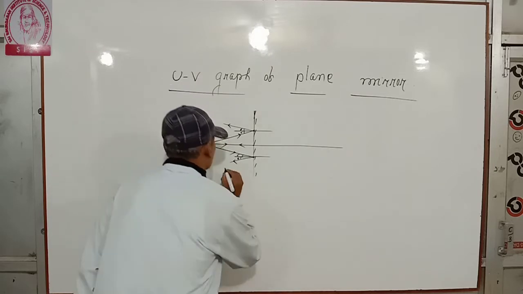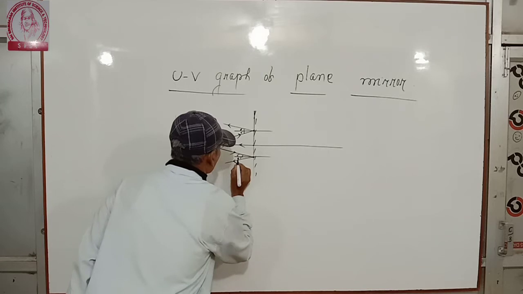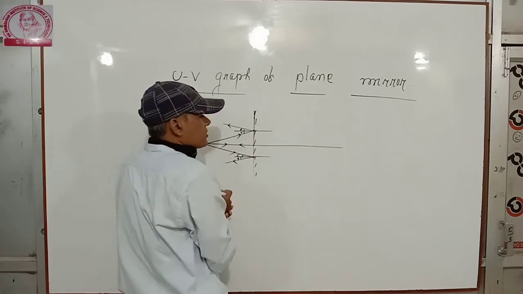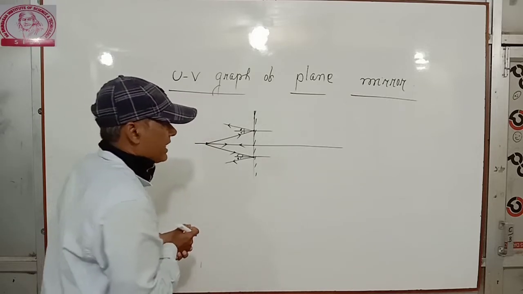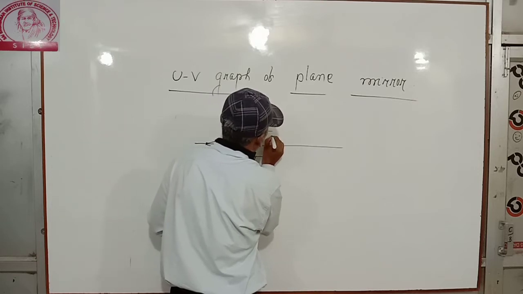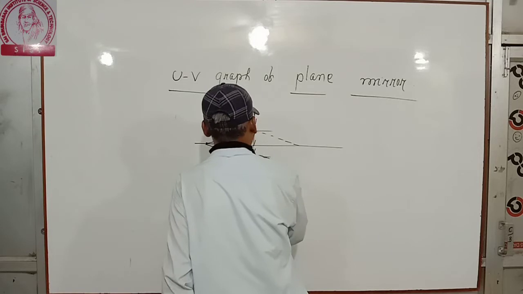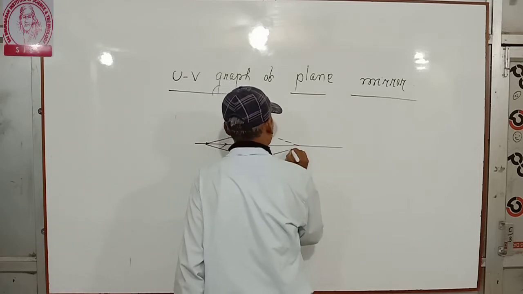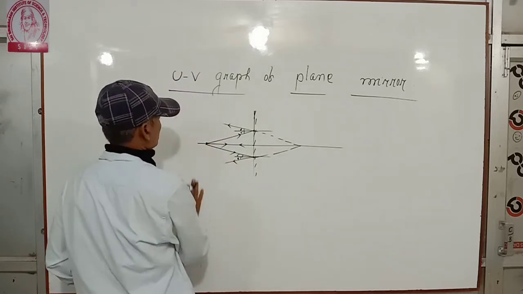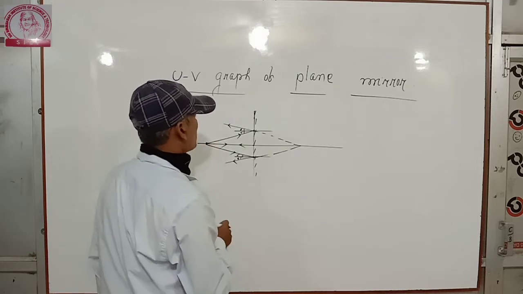Now, what will happen? You have to extend those reflected rays. Okay, go on extending. From here also, go on extending. Here you see what is happening.